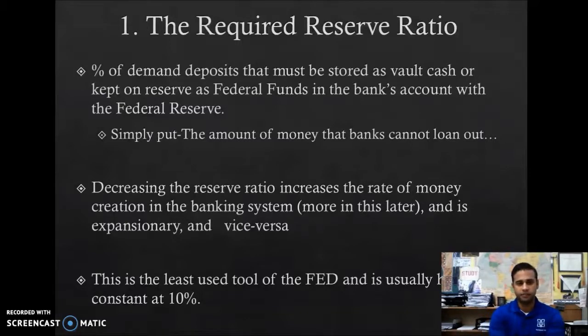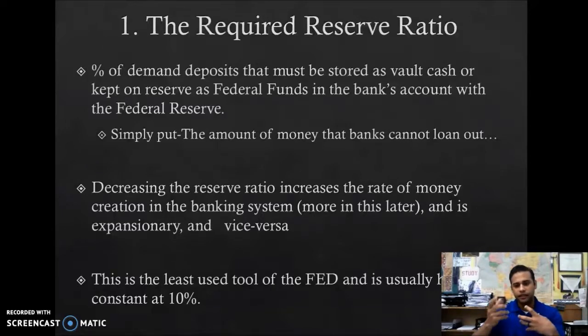So if you lower the required reserve ratio, you are increasing the supply of money. This is a pretty easy relationship, at least on its surface, because if the required reserve ratio is 10%, meaning that if I deposit $100 into the bank, then the bank can loan out $90 because they have to keep $10 as reserve. Well, if the Fed were to lower the ratio to 5%, if I deposited $100 in the bank, they could loan out $95.